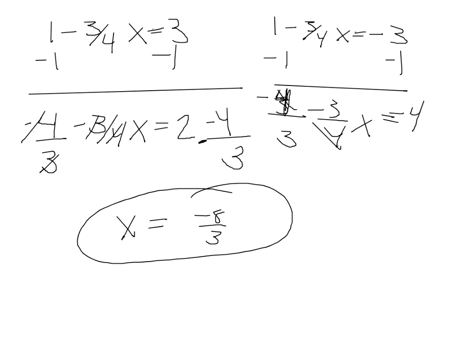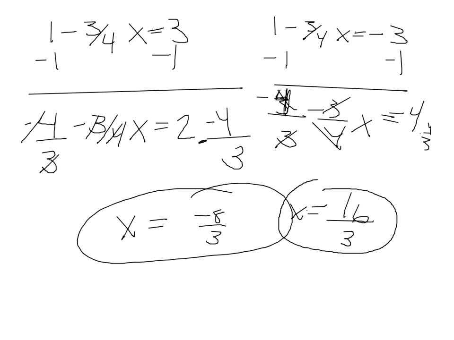So the 4's cross off and the 3's cross off. And then I have times 4/3 over here. And I get x equals 16 over 3. And that solves for x. So there's my other solution for x.